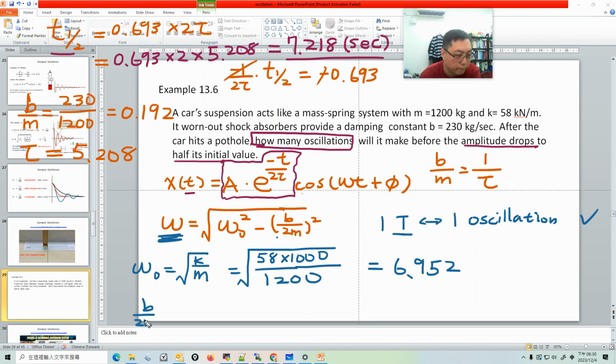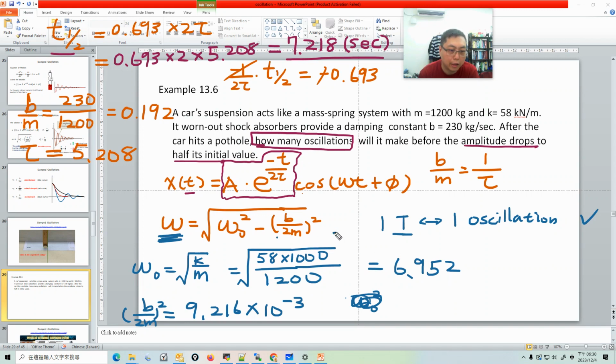Also, what's the second term? B over 2m. We already have B over m, so B over 2m is 0.192 divided by 2, and don't forget we have a square. When we square it, we find its value is very, very small. So omega zero squared minus this value doesn't contribute much.